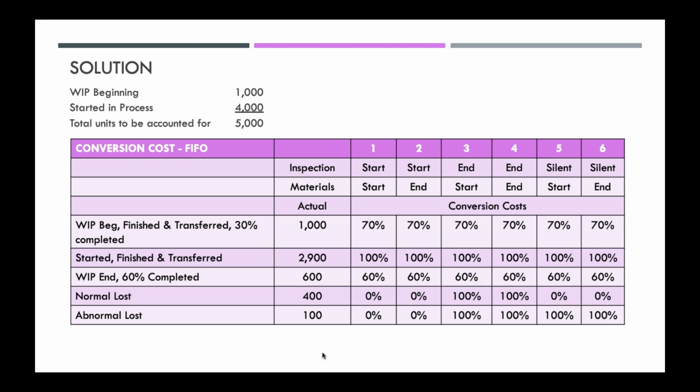For the conversion cost, it is applied evenly throughout the process.